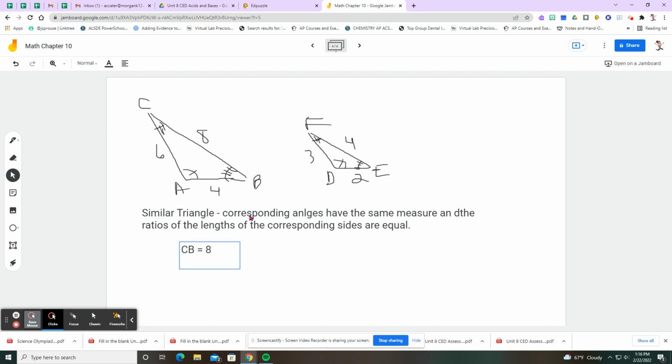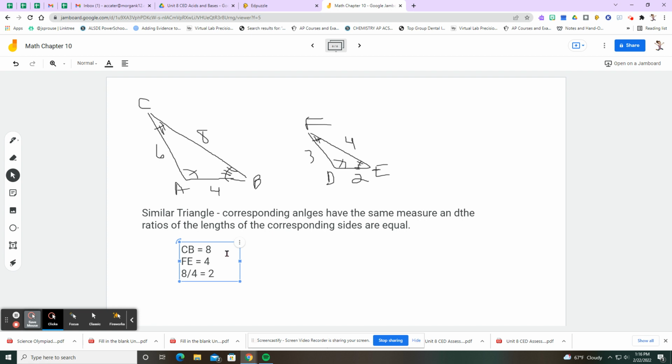If we make a ratio of CB over FE, which is the corresponding side on the other angle, same angle, the opposite side or the corresponding side is right there. That would be FE, and that is 4. So if I make a ratio of 8 to 4, that is 8 over 4, which is 2.